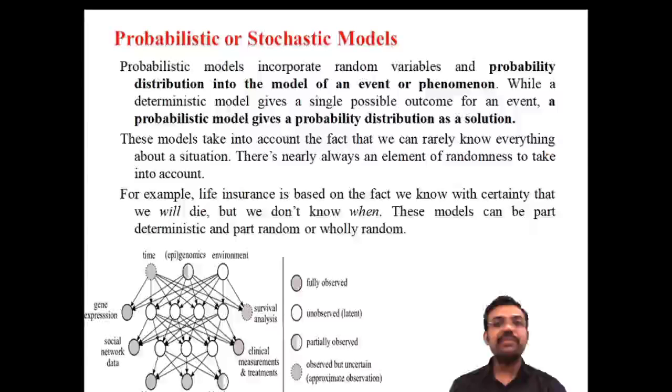The probabilistic model gives importance to probability and probability distributions like the binomial, Poisson and normal distributions. All are considered for a decision. The probabilistic model gives a probability distribution as a solution. We use probability and probability distributions to get an answer. This is known as the probabilistic or stochastic model.